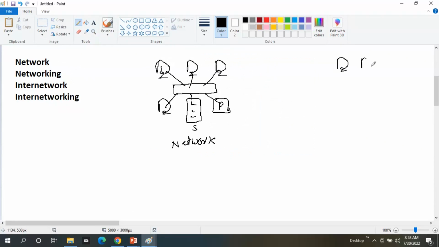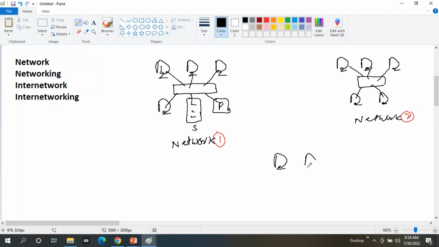Device 1, device 2, device 3, device 4, device 5 are interconnected. What do we call this? These devices are connected, so it is a network. Consider this is network 1, this is network 2, and device 1, device 2, device 3, device 4, two or more devices here also.